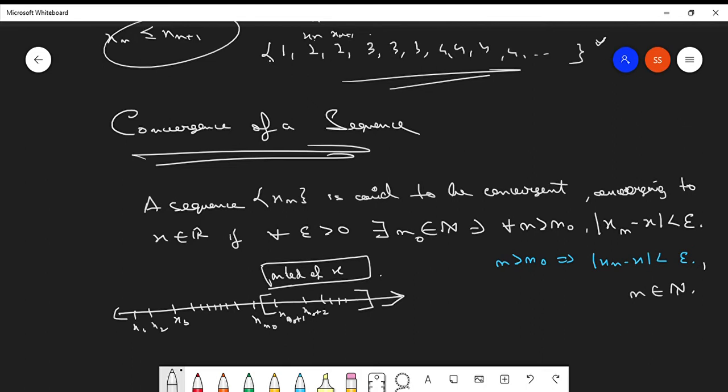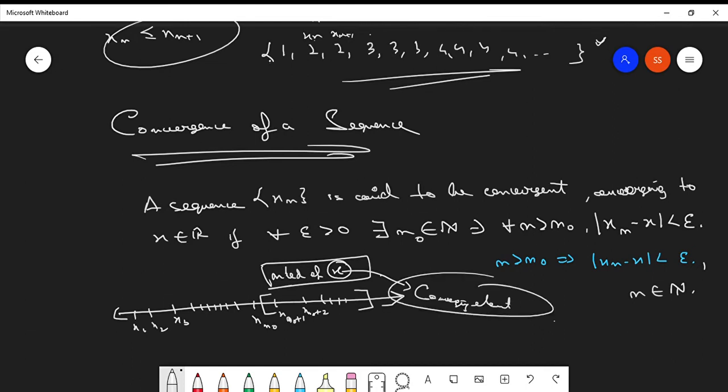It cannot move out from the neighborhood of x. When this happens, that particular element in whose neighborhood the elements get trapped is called the converging element. The sequence converges to that element, we say.